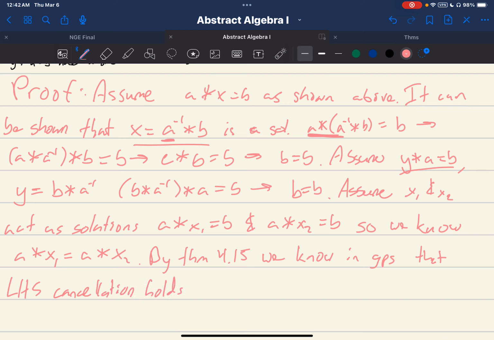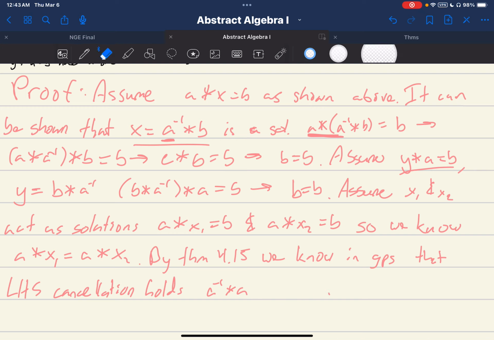If that's confusing, hopefully I'll make a video on why that's true with this proof. But that means that we can cancel these A's. You know what? I'll just show why that works. If I multiply by A inverse on both sides, that's pretty easy to show.